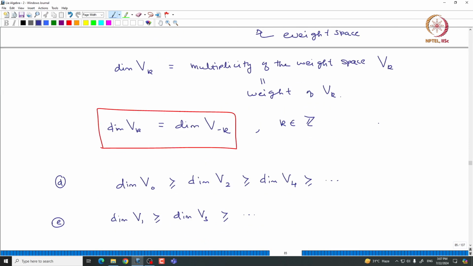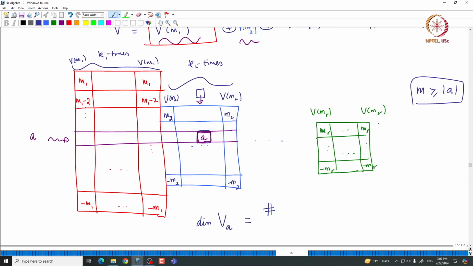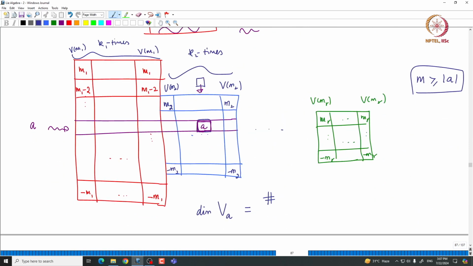So, that tells you that if we take this A, and it appears in V m, then A and m must have the same parity. So, m and A must have the same parity. Okay. So, in other words, one can say that m minus A is even.